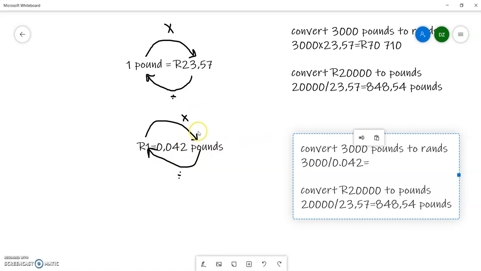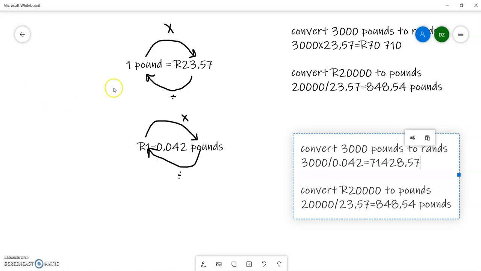So if I have the pounds and I want rands in this case, I have to divide. Because I've cut off by rounding, it's not going to be exactly the same. I get 71,428.57. And that extra 1,000 rand is purely because of those decimals that I cut off. But you can see that it's in the same region, so it definitely works.